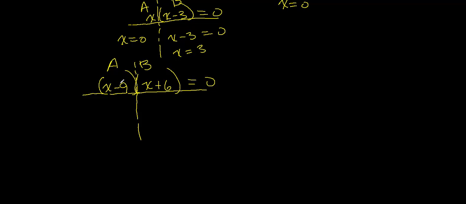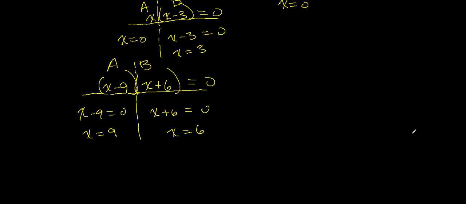So we assume that x minus 9 will be equal to 0. Again, if b equals 0, then 0 times a will be 0. Then we can assume that this expression here, x plus 6, will be 0. Now, what makes this little expression 0? Well, obviously this will be x equals 9, and this will be x equals negative 6.